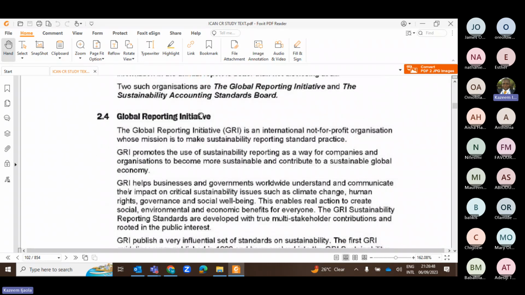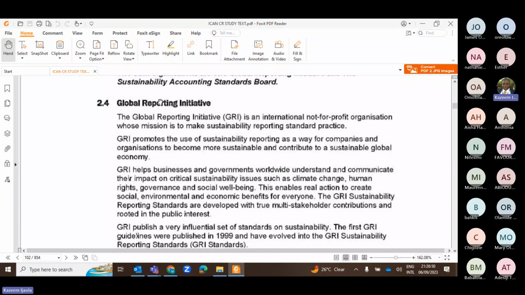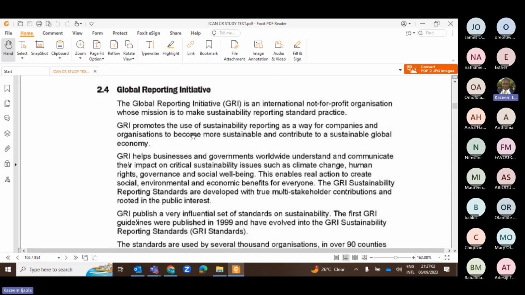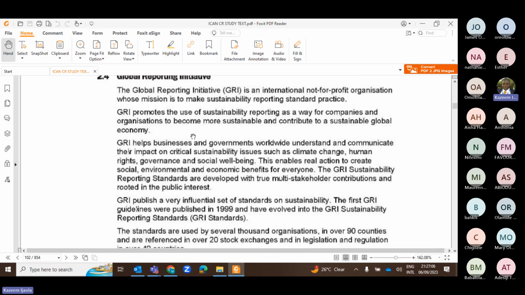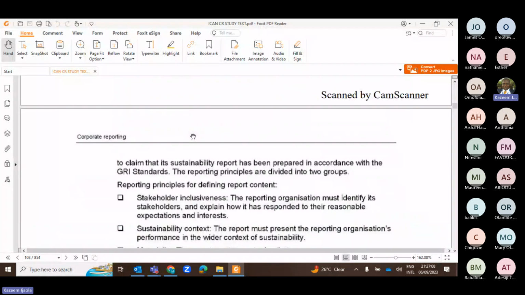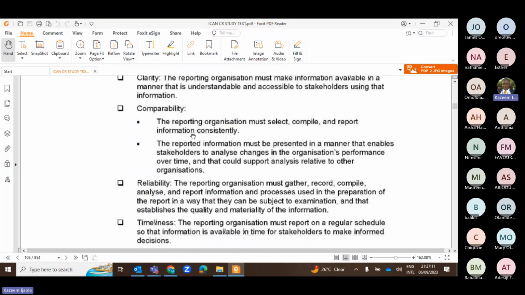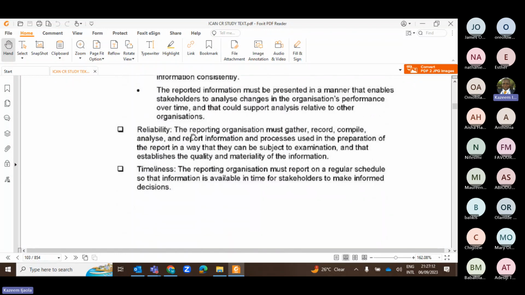In fact, there is a body called GRI, the Global Reporting Initiative. It is an international NGO that is basically responsible for monitoring this sustainability reporting standard practice. Although this thing is not yet very popular in Nigeria, it's something that you need to watch out for in the future. It is going to be a very big deal, because there is a standard for sustainability.